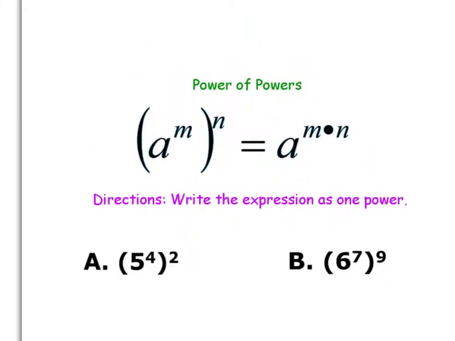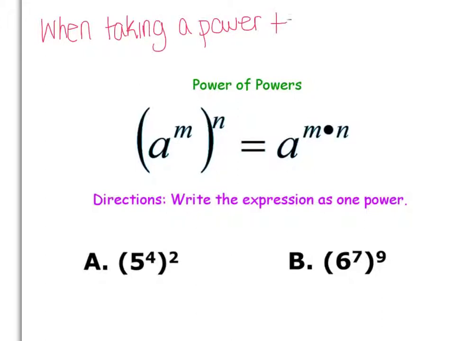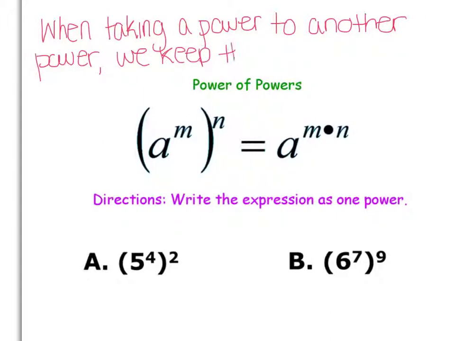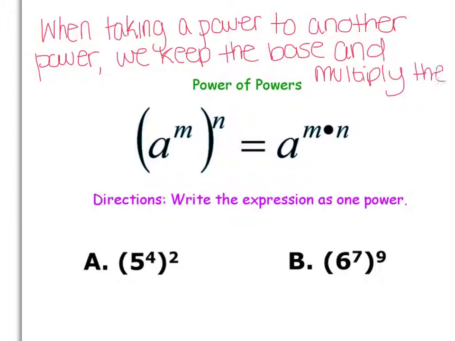If we want to write that in words, we can say that when taking a power to another power, make sure you write this in your foldable, we keep the base and multiply the exponents.